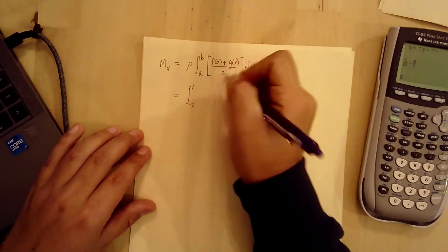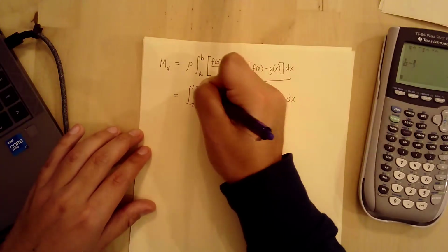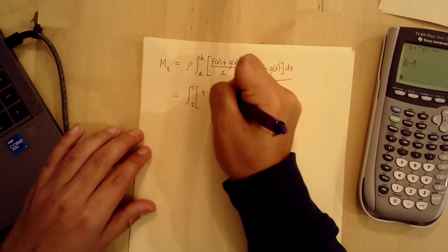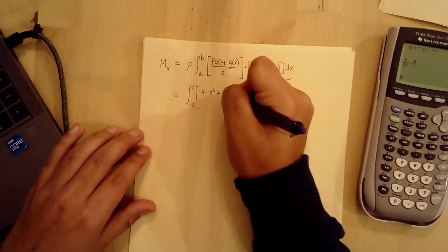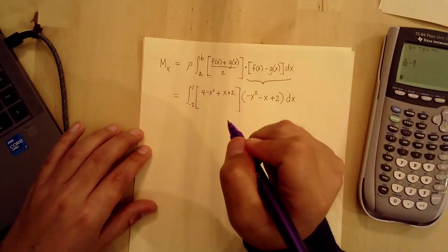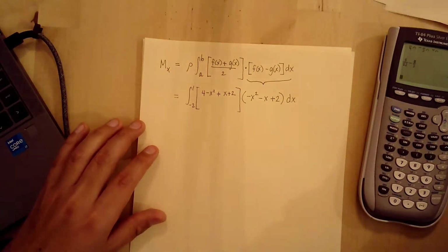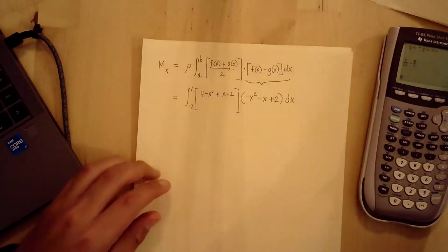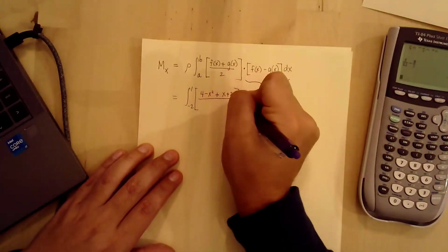And then f of x is going to be, let's see, f of x was 4 minus x squared. We're adding x plus 2 if I'm not mistaken. Okay, let me just double check what our functions were. x plus 2. Good. And then dividing that by 2.